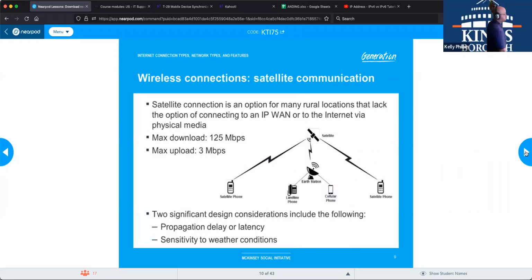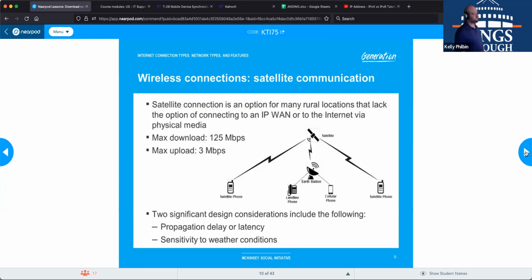All right, now we move into wireless. We get into satellite. So satellite connection is an option if you're out away from the cities, and you do not have the option to run cable or phone or Ethernet up to your house, because that can be extremely expensive to run, like a fiber optic line or a high-speed internet line to your house if you're not close to one of their nodes.